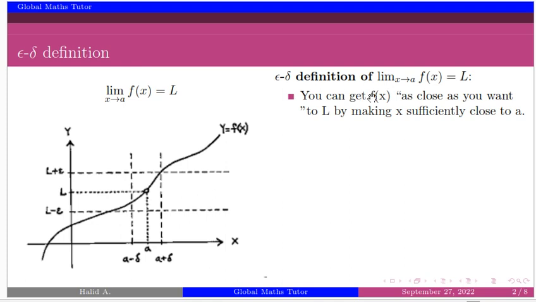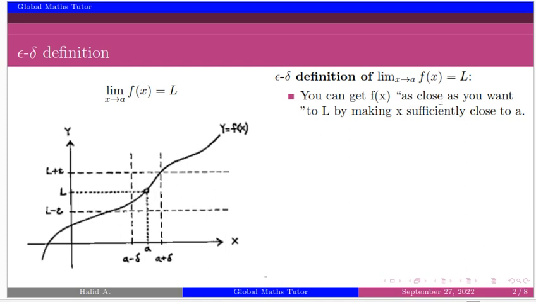In other words, we can get f of x as close as we want to L by making x sufficiently close to a, but this is a qualitative meaning. We have to do a quantitative meaning: how close is as close as, and how close is sufficiently close to a. For that we need an epsilon delta definition of a limit.